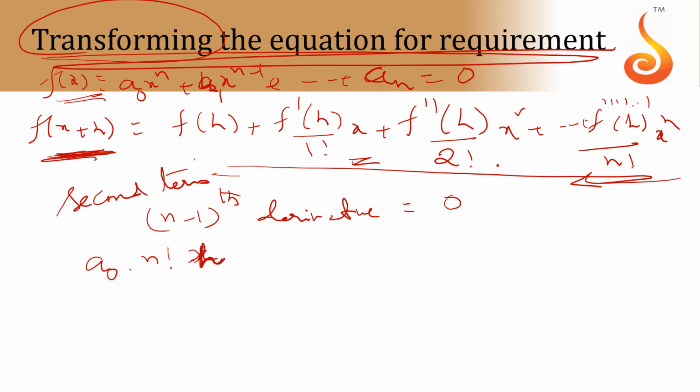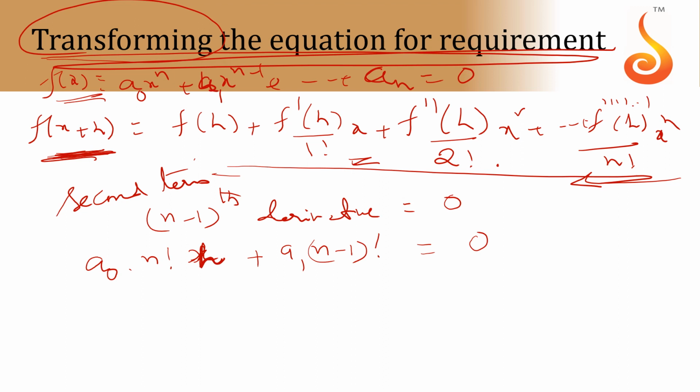Then for the next term a1 x power n minus 1, the derivative will be n minus 1 factorial, and all later terms have powers of x lesser than n minus 1, so all derivatives will become 0. So this will be the n minus 1th derivative of f of x at x equal to h.